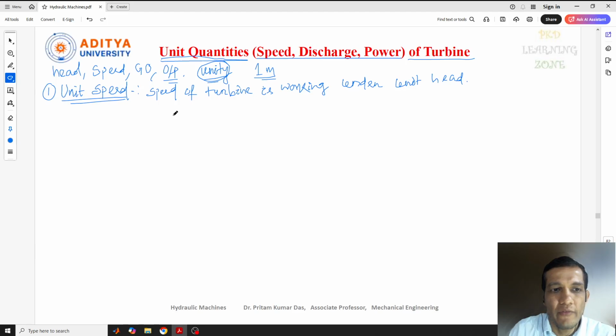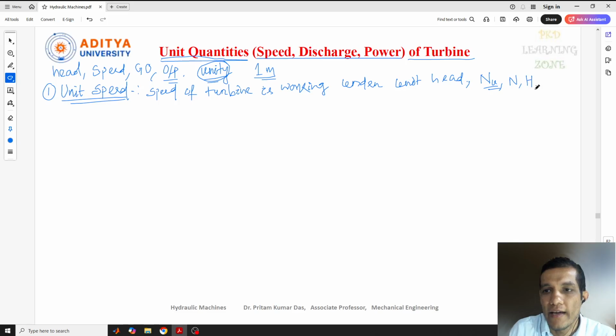The unit speed is denoted by Nu. N is for speed and Nu is the unit speed. To calculate this, we need to consider some other parameters also. N is the speed of the turbine under a head.